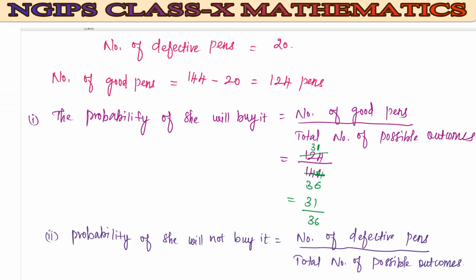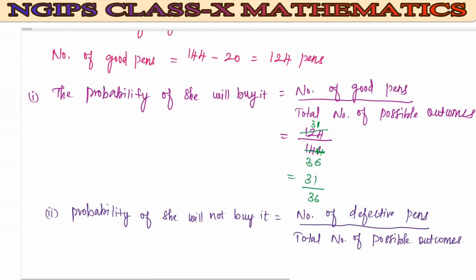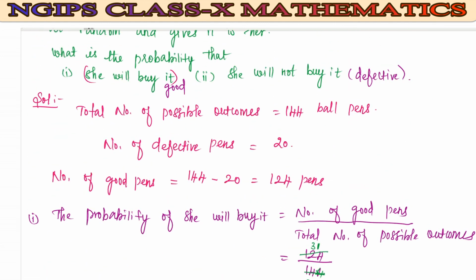Here we have defective pens, it is 20 pens, and the total number of possible outcomes is 144. So 20 divided by 144 we need to write.